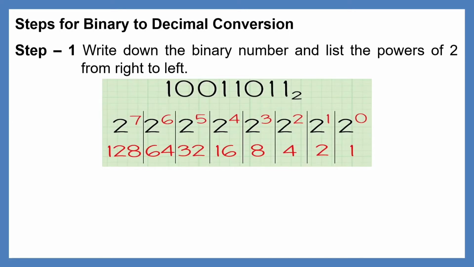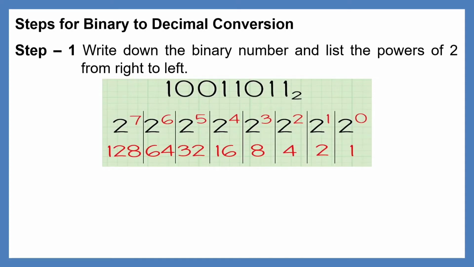Then 2 raised to 2 is 4. As you can see, every place value doubles the number. So we have 1, 2, 4, 8, 16, 32, 64, 128, 256, 512, and so on. Those are the place values of a binary number.